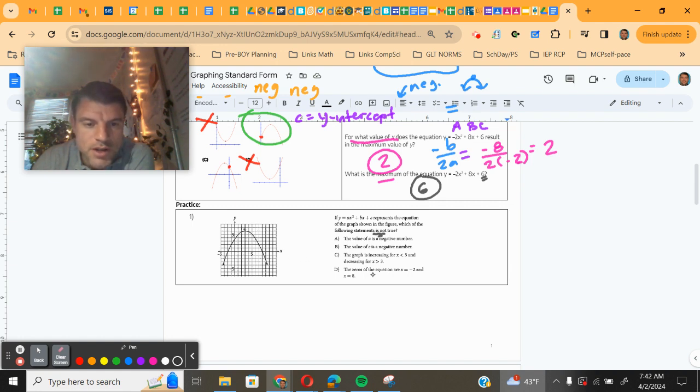Okay, well, here's our maximum. The value of a is negative. A is negative. That is true. The value of c is negative. Where is your y-intercept? It's right here. It's positive. So the answer is B. It should be positive. Okay, let's move on.